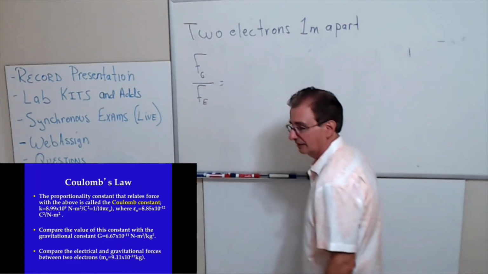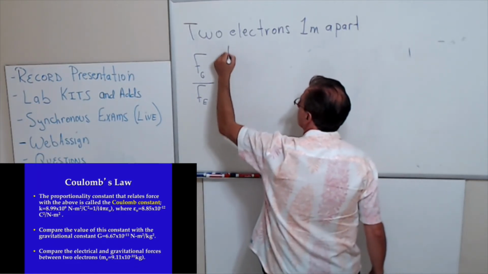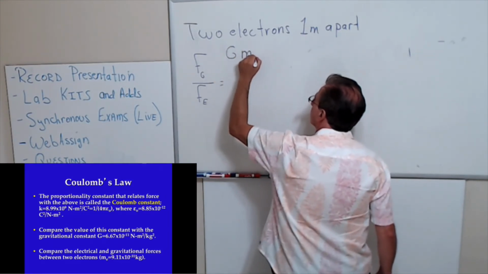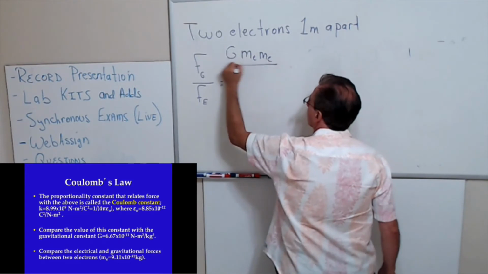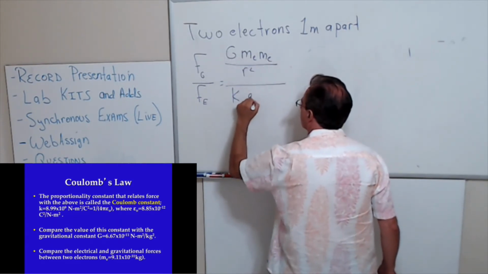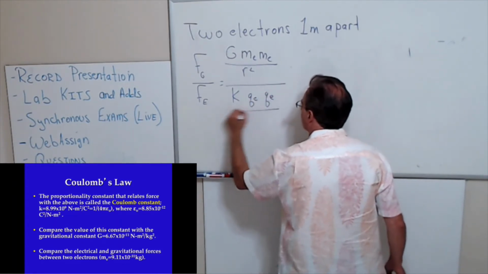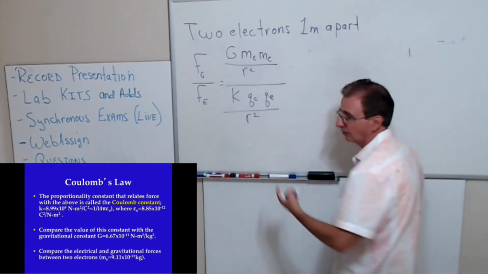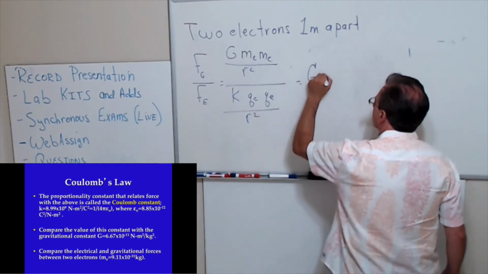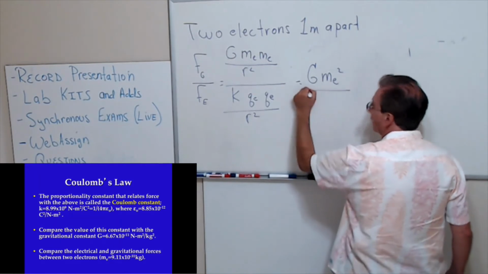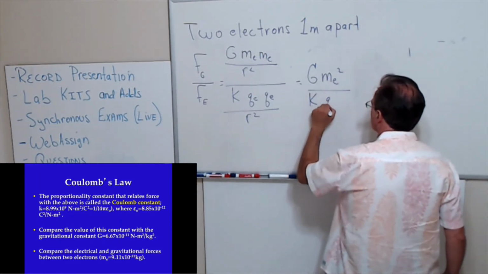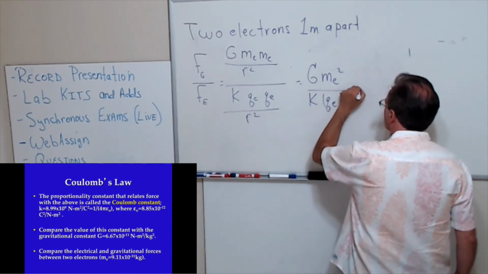So it's going to be G, and the R's are going to cancel. Oh yeah, we need to know the mass of the electron, don't we?